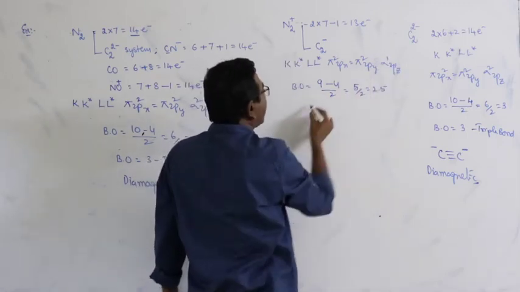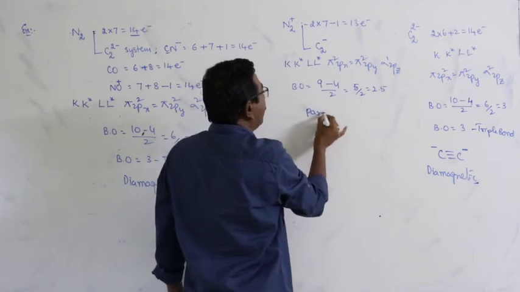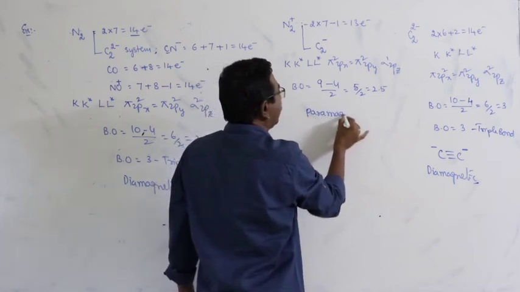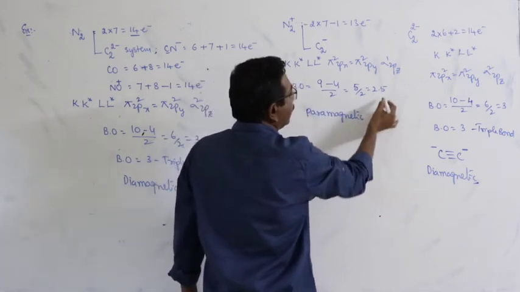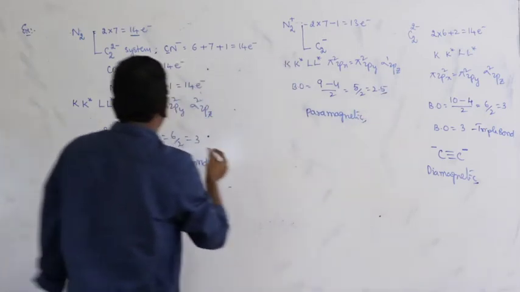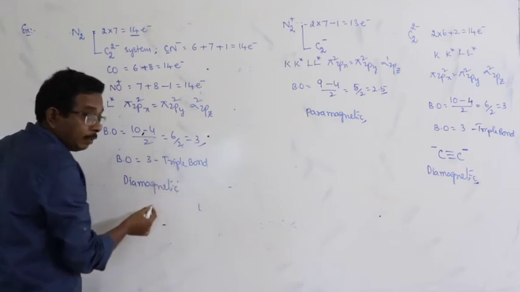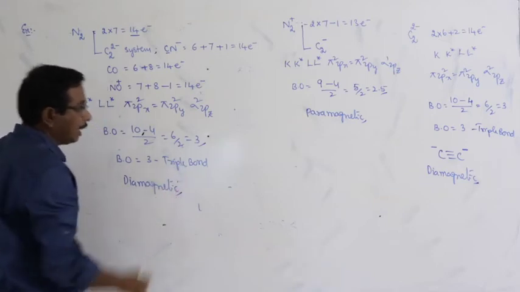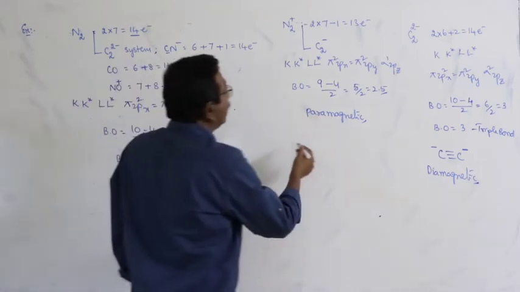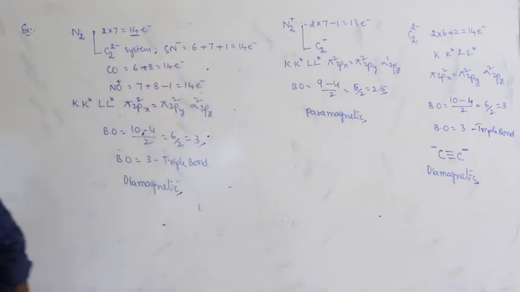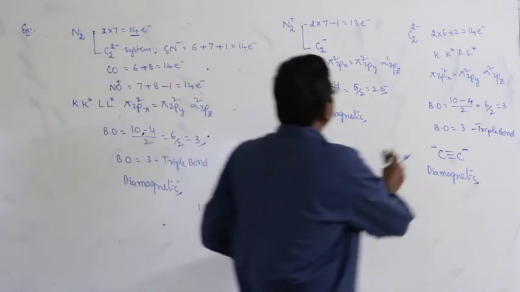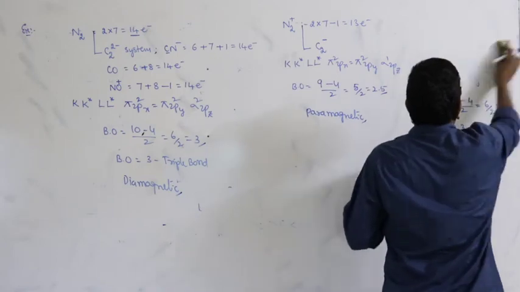And here there is an unpaired electron present, so paramagnetic. Fractional bond order, paramagnetic. Here, bond order is equal to 3, means even number, diamagnetic. Okay. Let us go for another example. 13 electron system, 14 electron system.